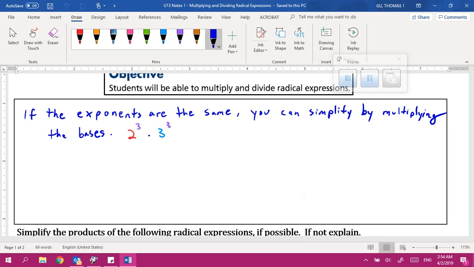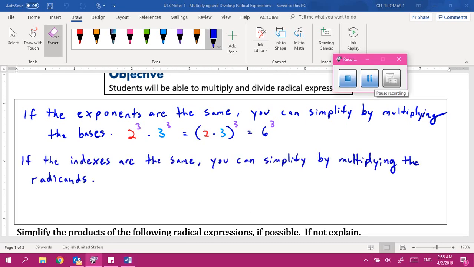Notice both the exponents are 3, so we can simplify by just multiplying the bases. So this is the same thing as 2 times 3 raised to the third, which is actually just 6 to the third.